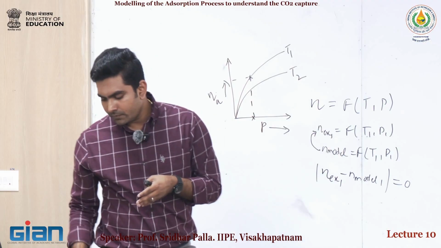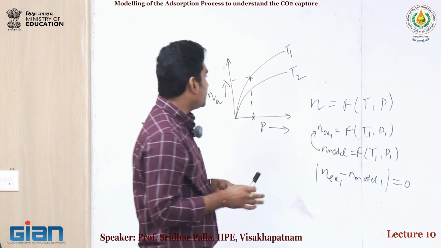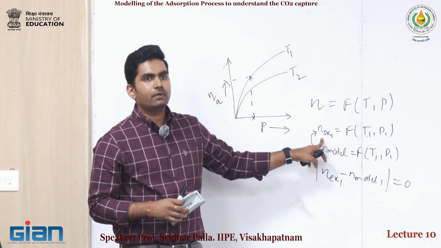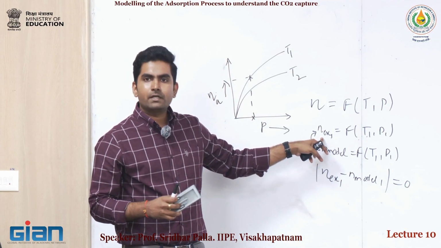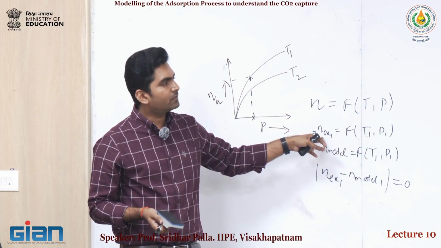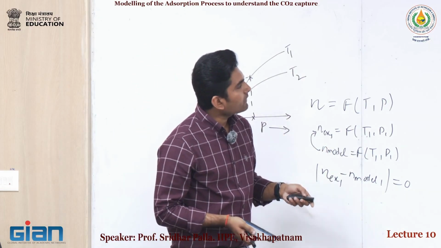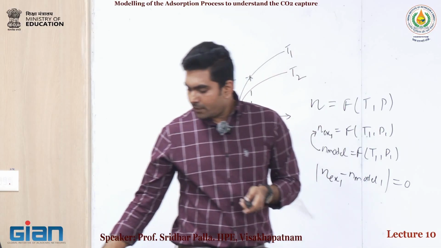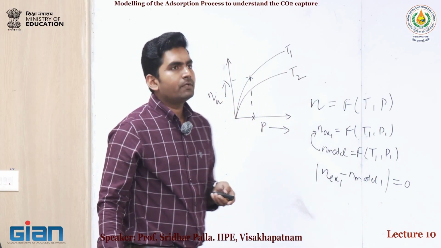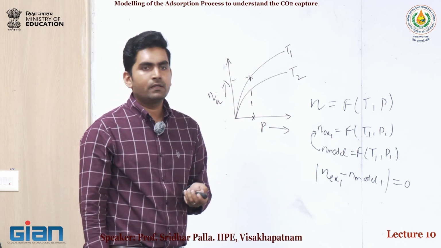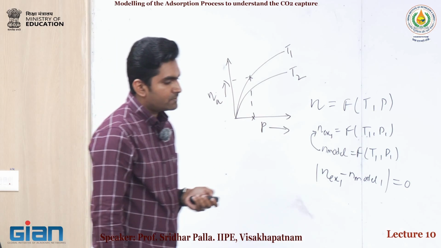If we have one very good model that could predict the experimental result well, in one day or one week we can get these results without conducting the experiments. So what do we need to have a very good model? We need to understand the adsorption equilibria and also the kinetic parameters.